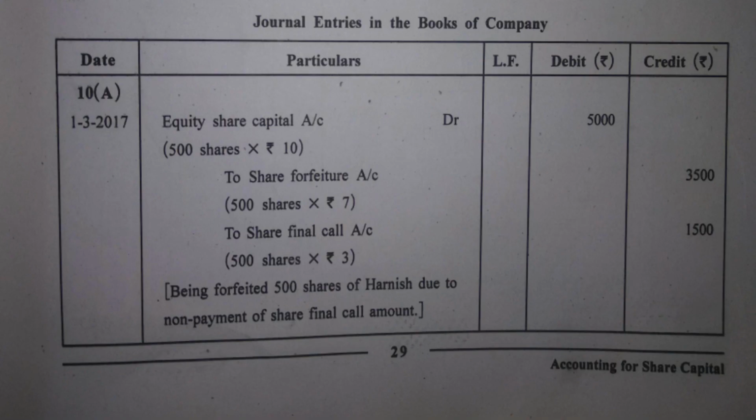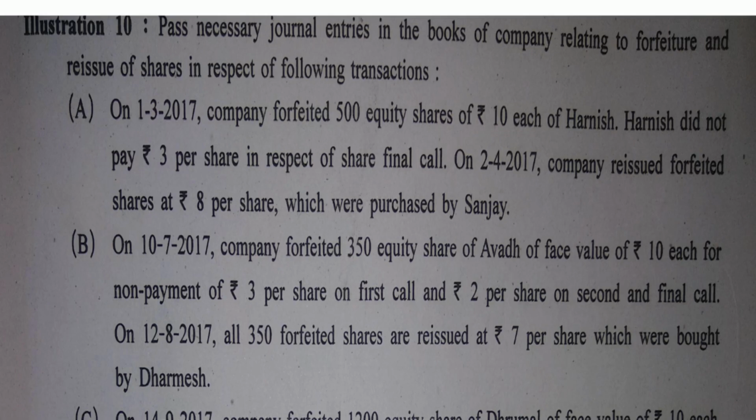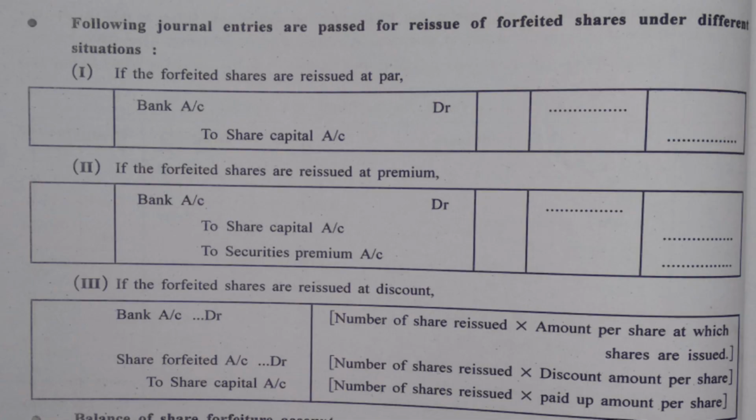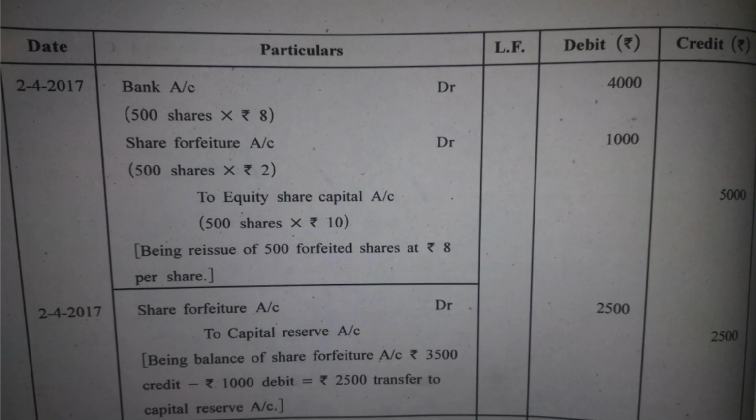See this journal entry we've understood here. These shares have been reissued at discount. So we have written a journal entry for reissue of these shares. Alright. So this is very simple. The share has been reissued at rupees 8. So bank account debit, the amount is received by the company.